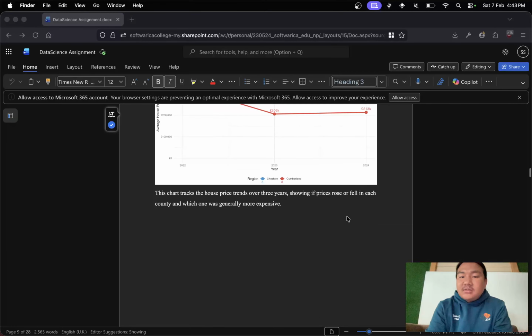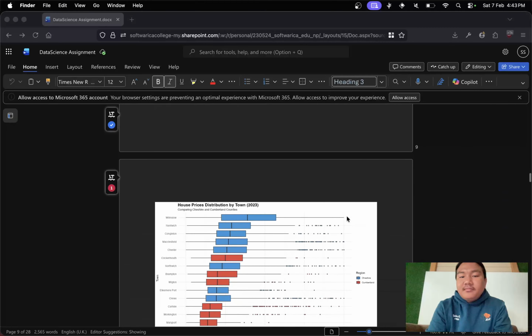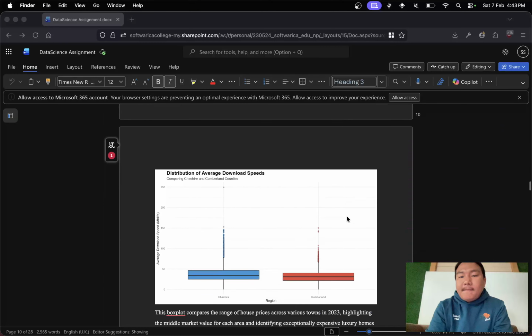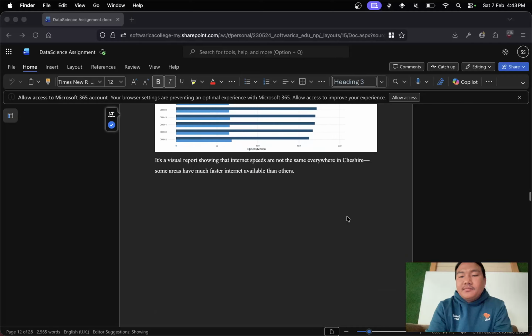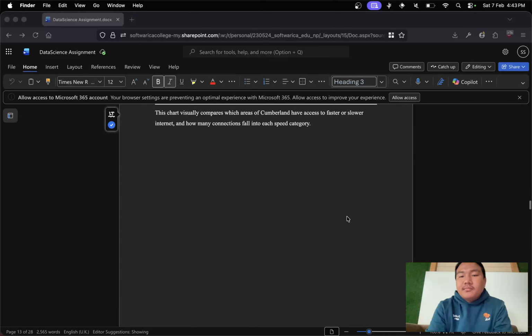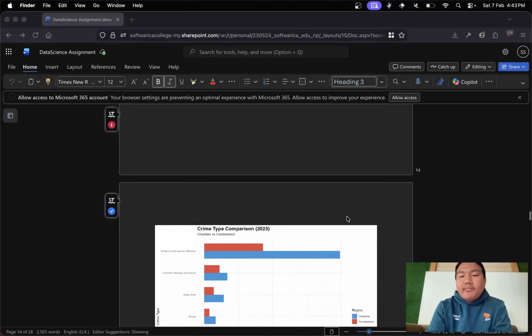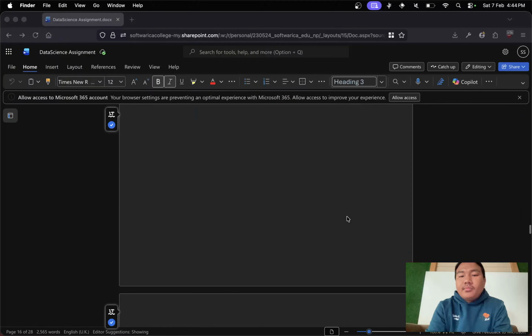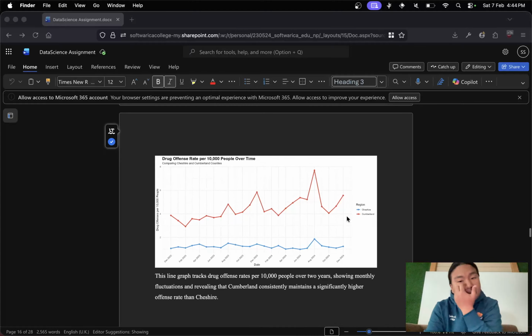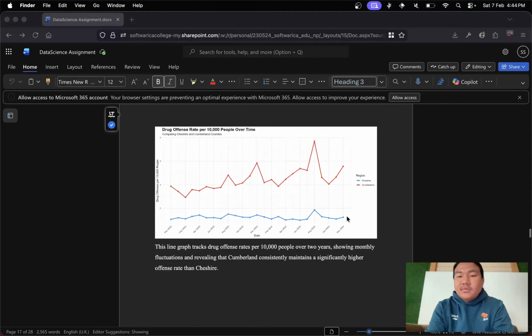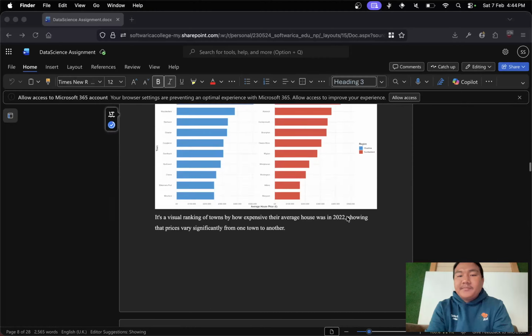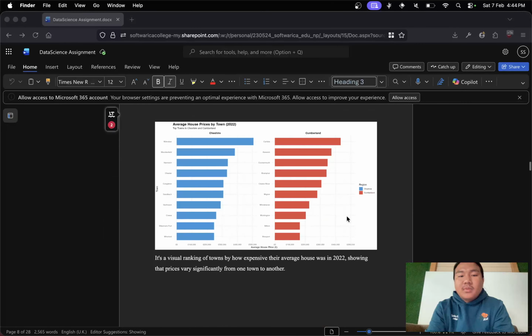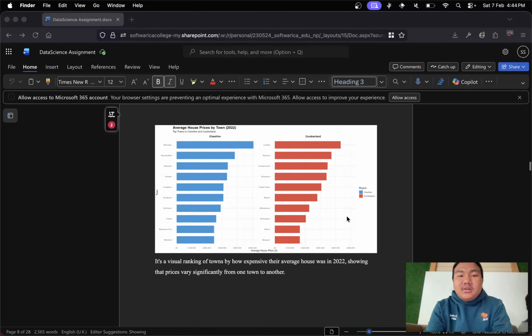These are some charts. In this chart, it shows average house prices by town in 2022.